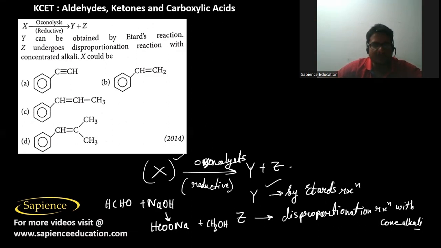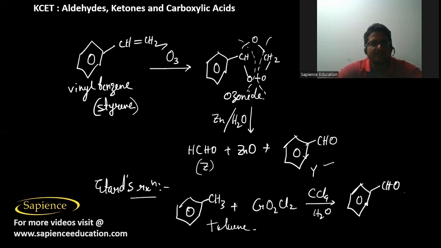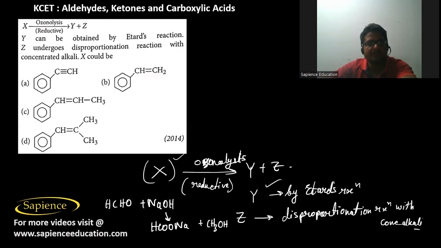So it will undergo disproportionation reaction. So hence the compound X should be vinyl benzene or styrene, which is option B. So option B is the correct answer.